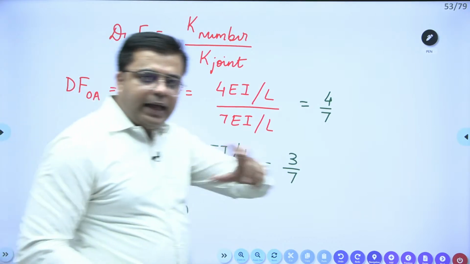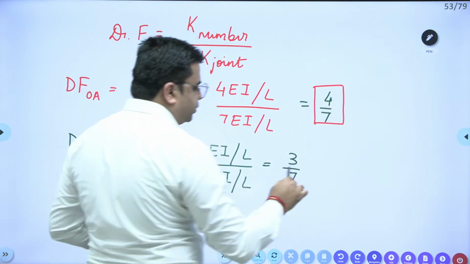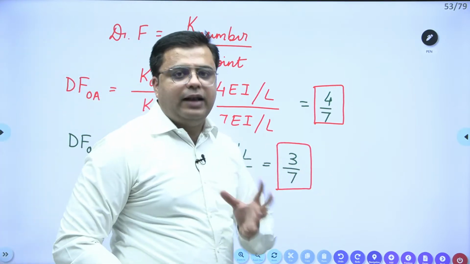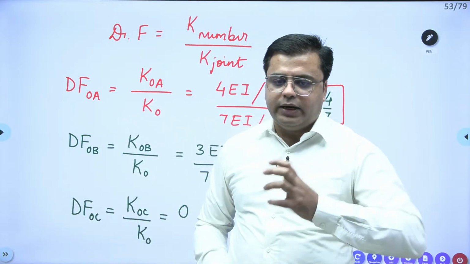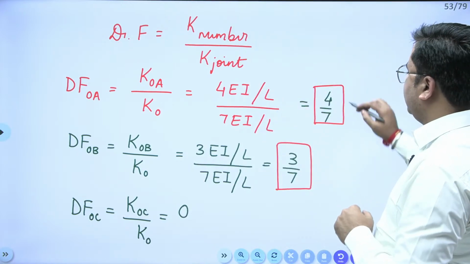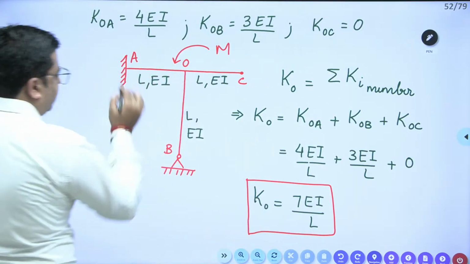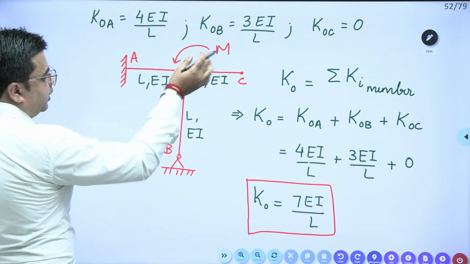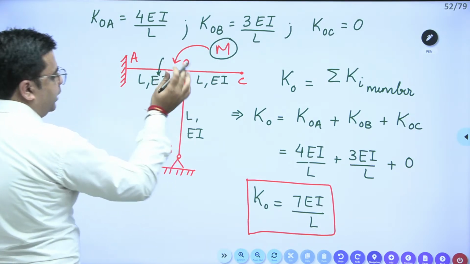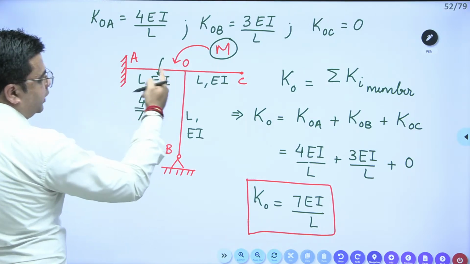Whenever a moment M is applied over any joint, this moment M will be distributed in different members with respect to their distribution factors. So these distribution factors tell us how the moment M applied over the joint will be distributed over different members. If the distribution factor for member OA is 4/7, it means that out of this M, 4/7 M will be acting over this member OA.